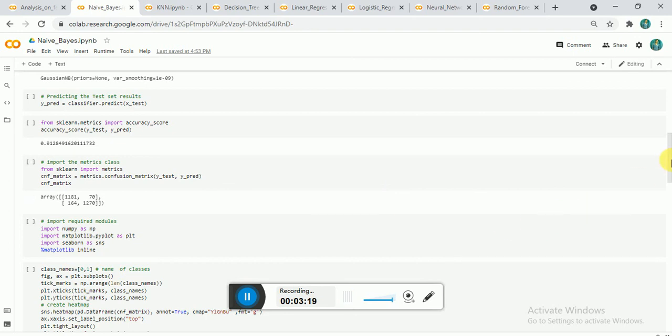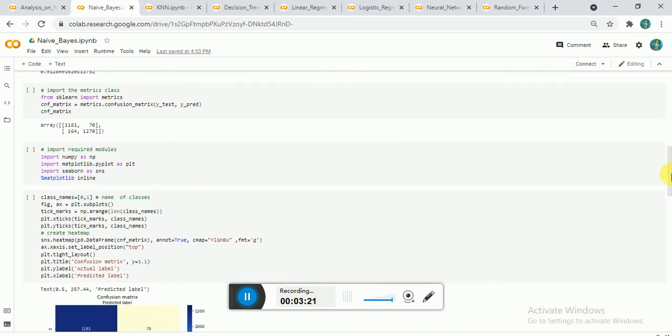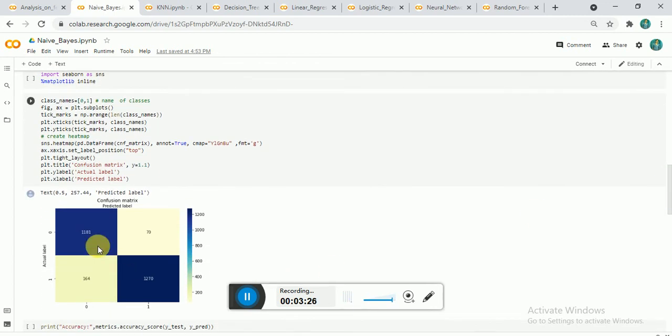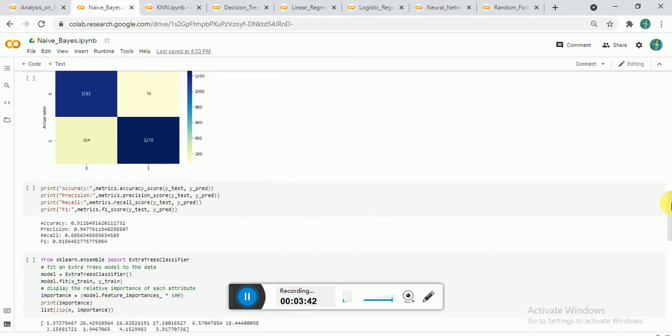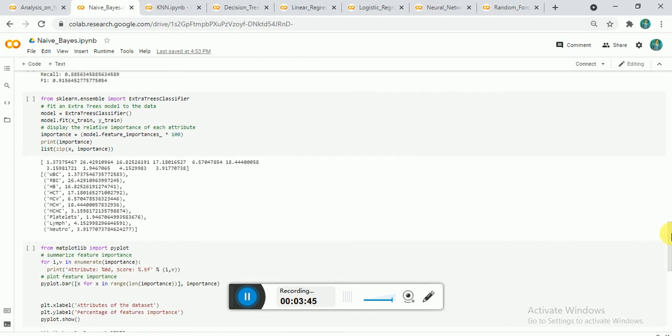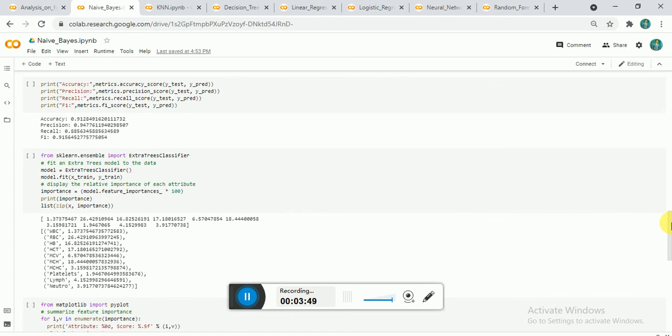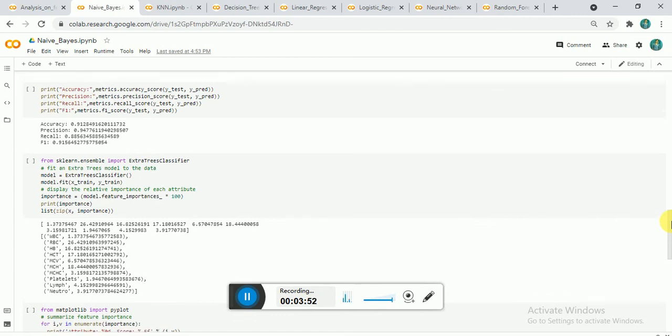When I see the matrix, it shows the actual and predicted labels. So the confusion matrix is, you can see. I have done two methods in this research.